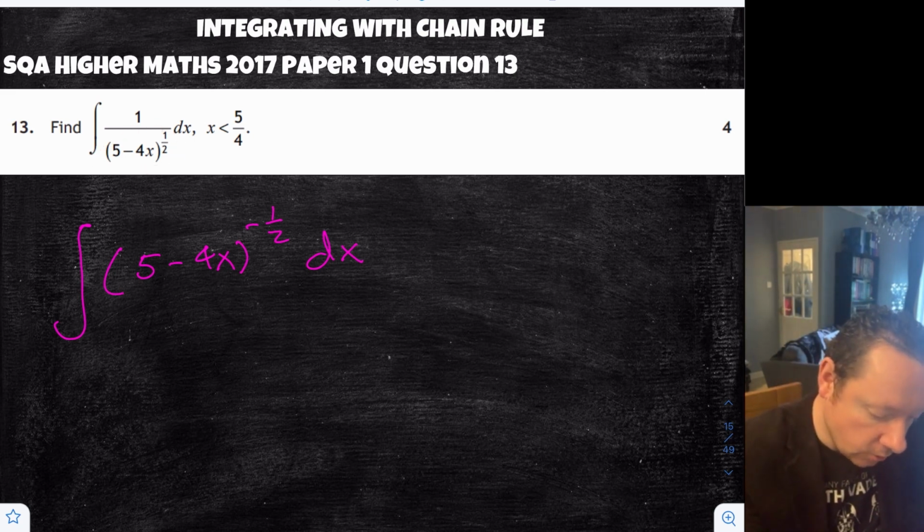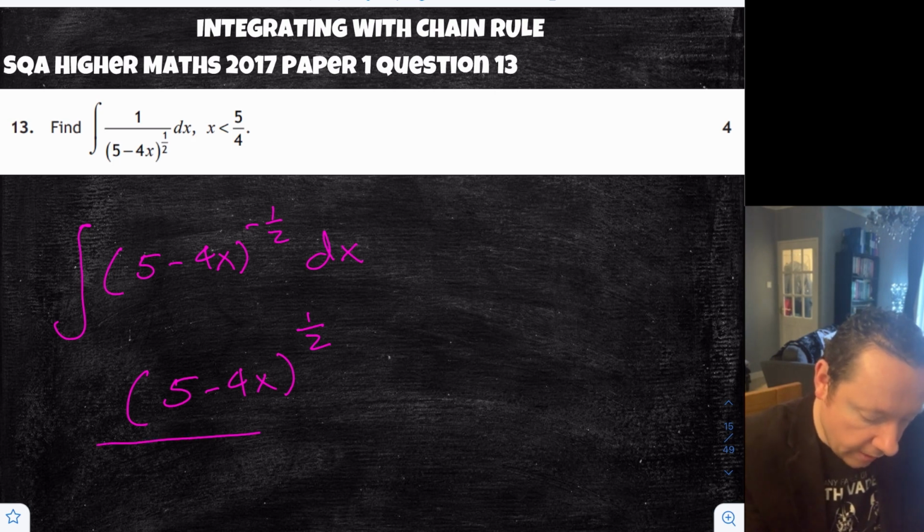Now, let's integrate that. So we add 1 to the power. So we get 5 minus 4x to the power of a half. We divide by the new power. So divide by a half. But we also divide by the function differentiated. So times minus 4 on the bottom as well. And we've also got plus c, of course.